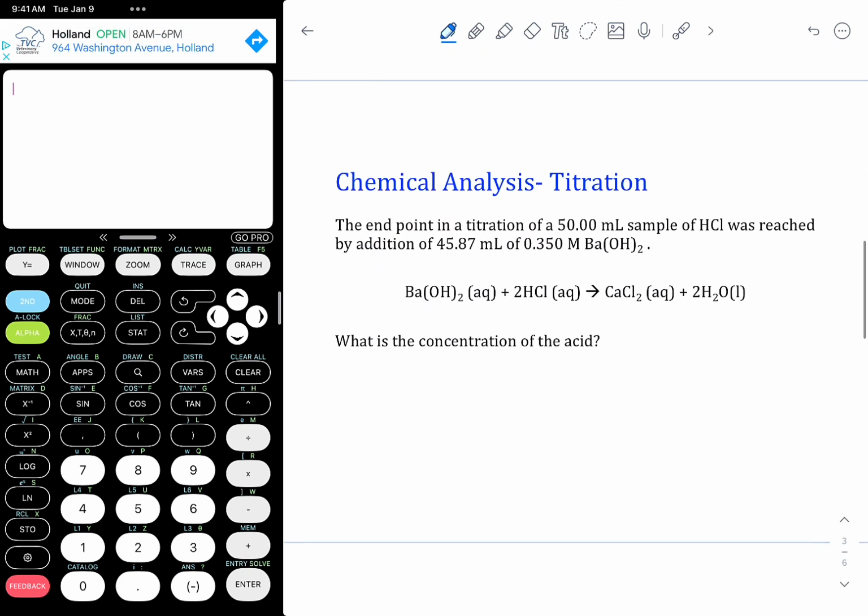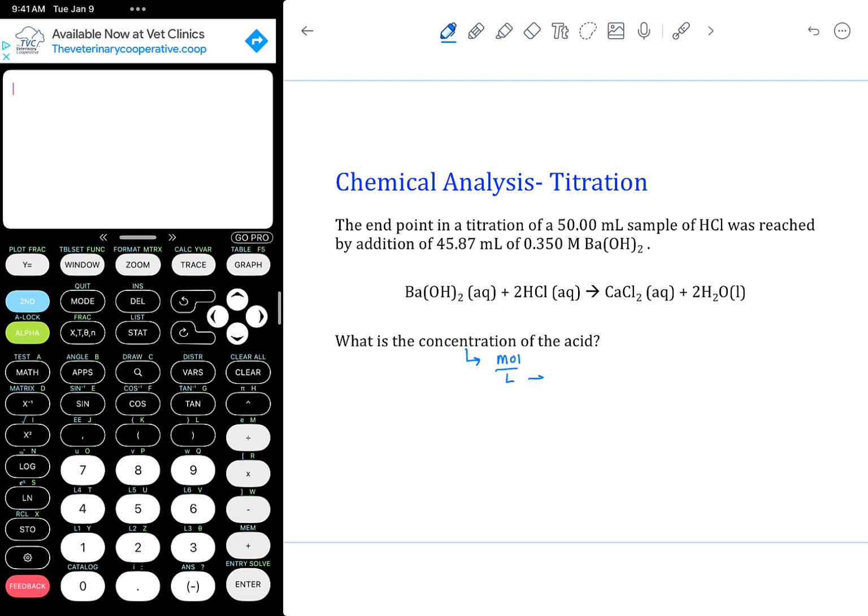Now, when we're looking at titration calculations, which I have an example for right here, we know the volume and we know the concentration of our titrant, and we know the volume of our analyte. And the idea is that we're finding concentration. So for this example here, we're finding the concentration of the acid, which has units of moles over liters.